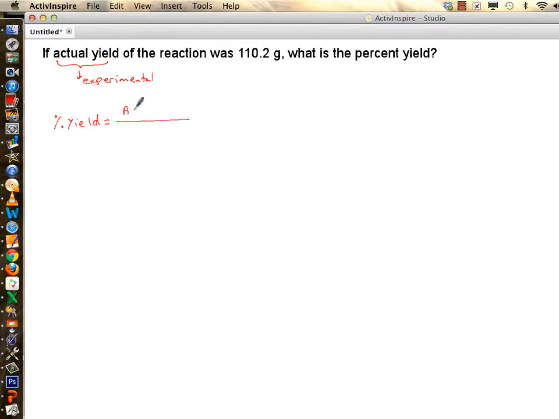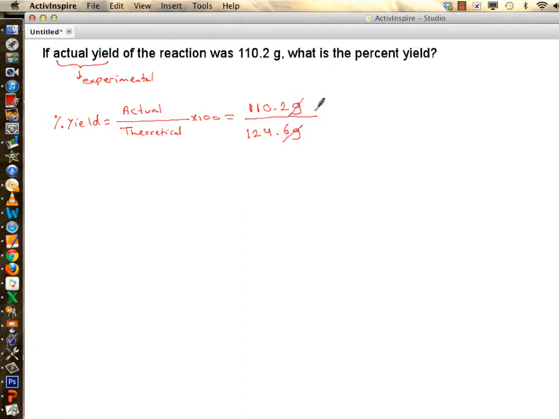It's actual over theoretical times 100. So in this example, we have 110.2 grams, which was actually produced in a laboratory. And what we calculated on the previous slide was 124.6 grams.